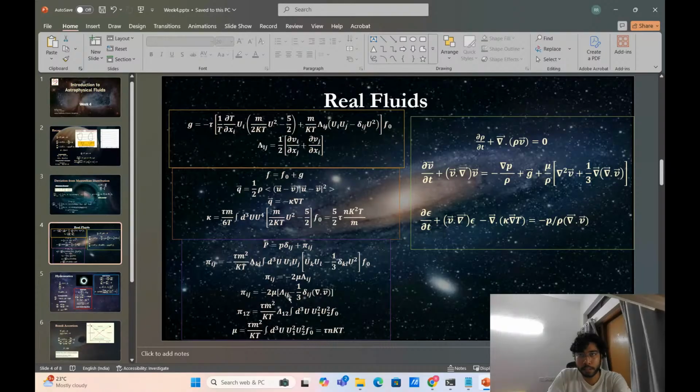Also you can see that if you do del xj of this pi ij, so del xj of lambda ij, you will have del squared, which is the Laplacian, and then you will have another term, which is del of del dot v over here, which is also coming from this thing.